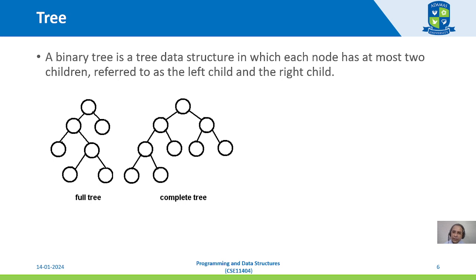Tree is a very important concept in data structures because it represents a nonlinear data structure. When we talk about the binary tree, that means a single node can have a maximum of 2 children.